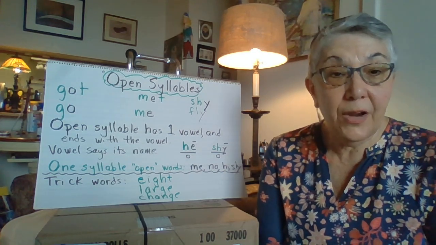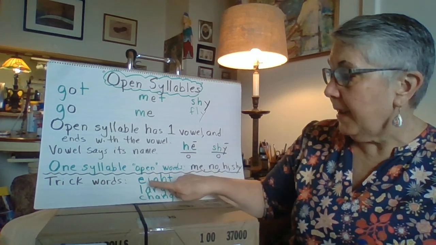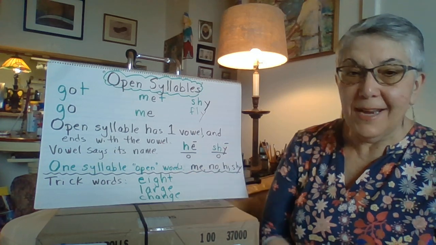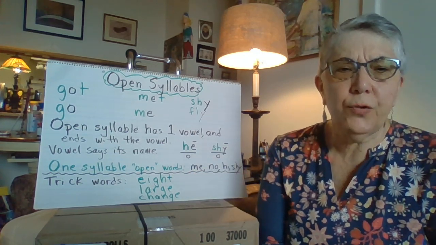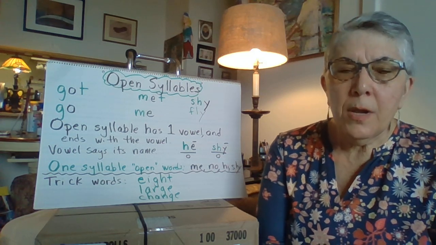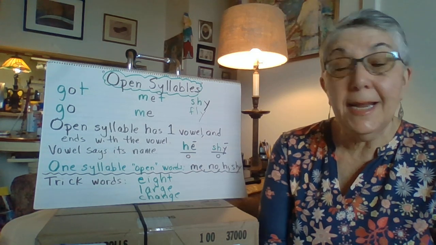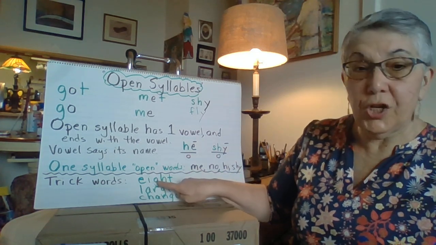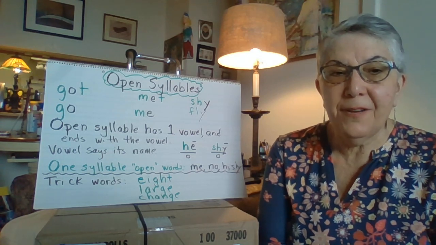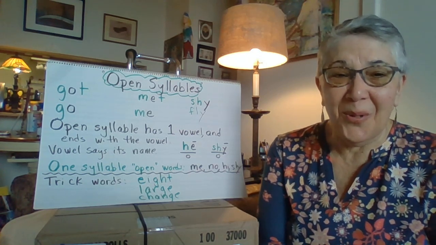Now, I also want to introduce you to our trick words for this week. Our trick words are eight, E-I-G-H-T, eight. What do you think is tricky about the word eight? It's the number eight. So the number eight, when you spell it out as a word, is spelled E-I-G-H-T. What's tricky about that? Think for a moment. Did you say pretty much the whole word is tricky?